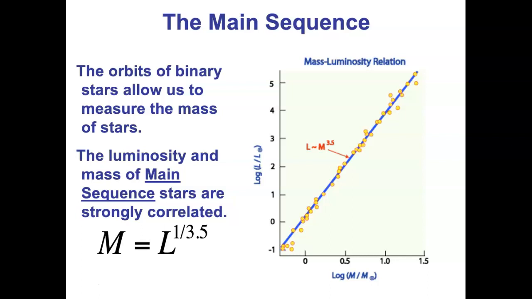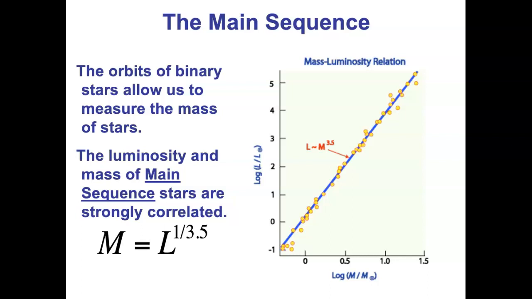One of the things that you can't tell just by looking at the HR diagram is the mass of a star. At least not directly. But over a few decades, they studied binary stars, binary main sequence stars. So what is a binary star?